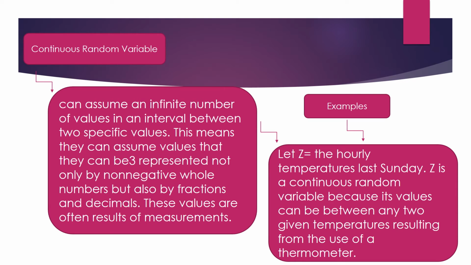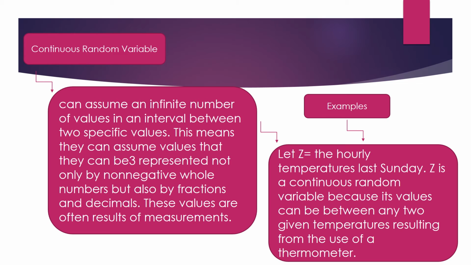And another example: the length of randomly selected shoes of senior students in centimeters. That statement is a continuous random variable because the lengths of the shoes can be between any two given lengths. So the values can be obtained using a measuring device such as a ruler.